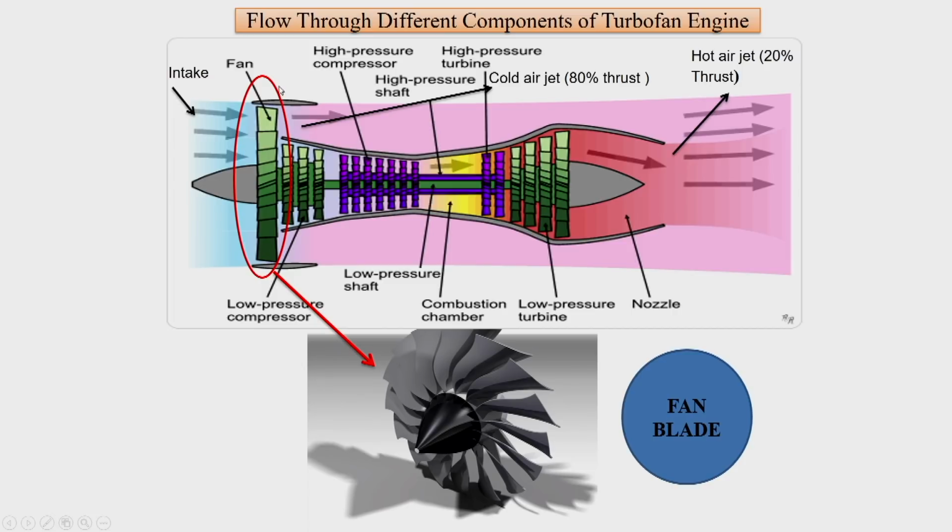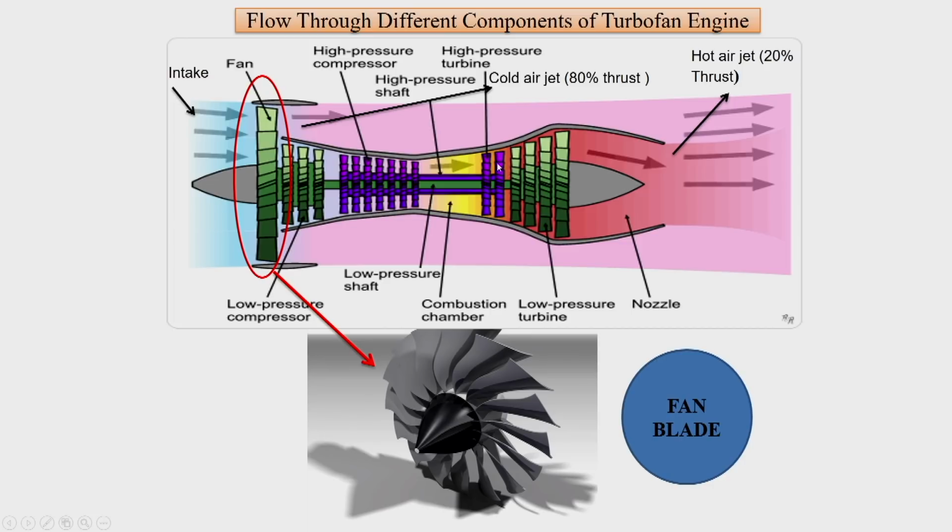Additionally, initially we have a fan, and that fan will compress the air. Upon compression, some part of the air goes into the compressor, but some part goes externally, outside, through the nozzle and creates some thrust, which is called cold thrust. But the part of the air which goes through the compressor gets compressed, then is burnt in the combustion chamber.